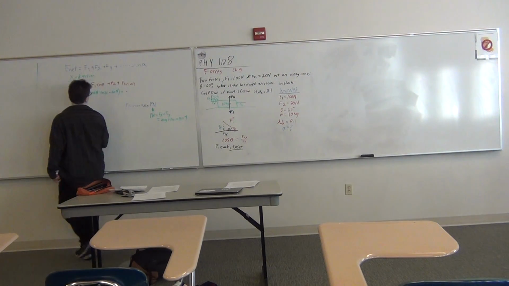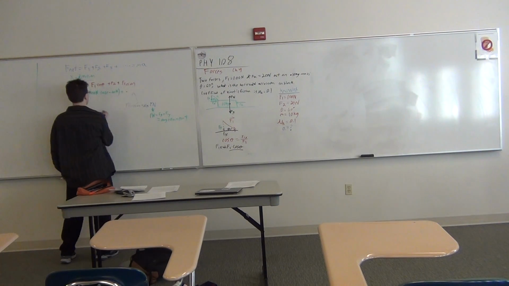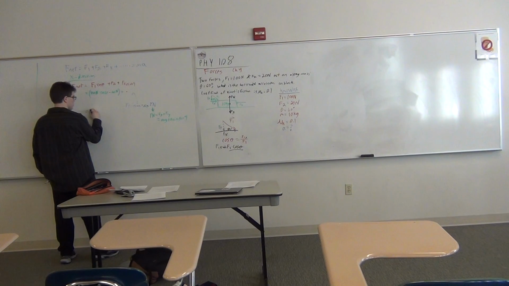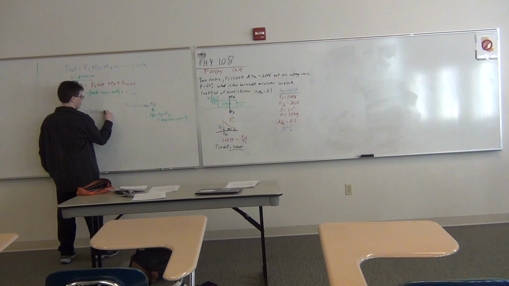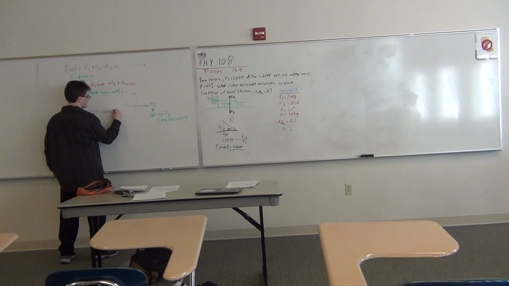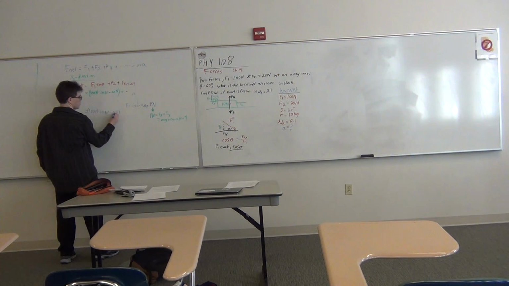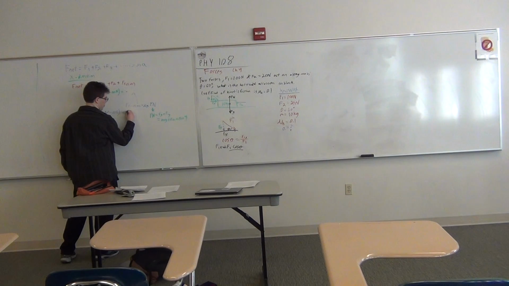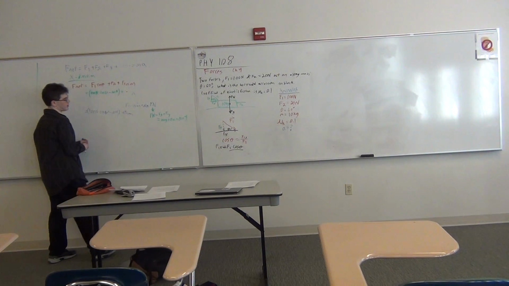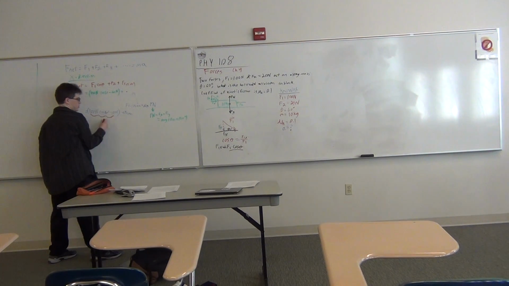So now, this goes here. We get 100 newtons times the cosine of 60 minus 20 newtons plus friction. We'll calculate friction next. Let's do this part.